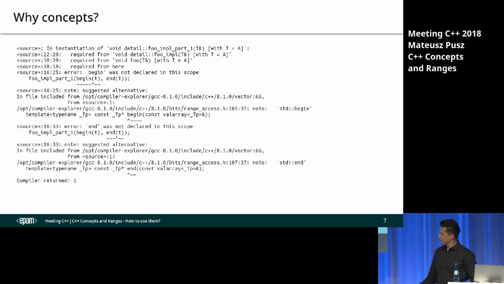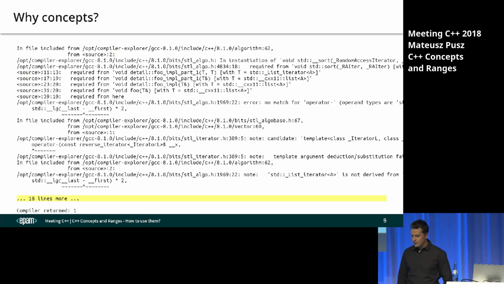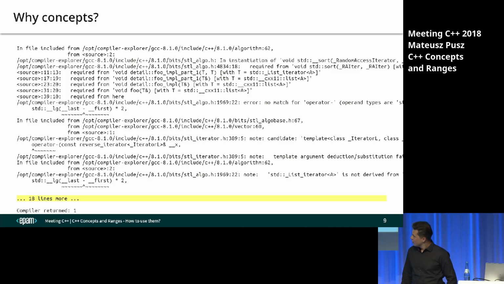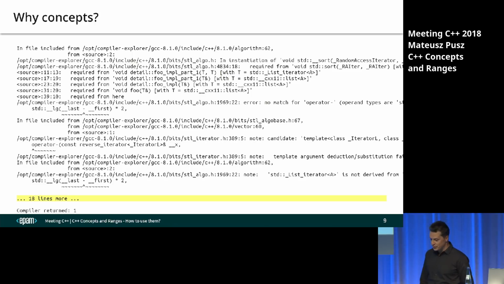For a moment, let's try to be adventurous and provide a container for this one, because the information about begin and end probably suggests we need a container. So we're passing a list. With list, we have an even longer compilation error, with a longer stack trace of function calls, and the compiler complains about some function call lg, and __last minus __first times 2.